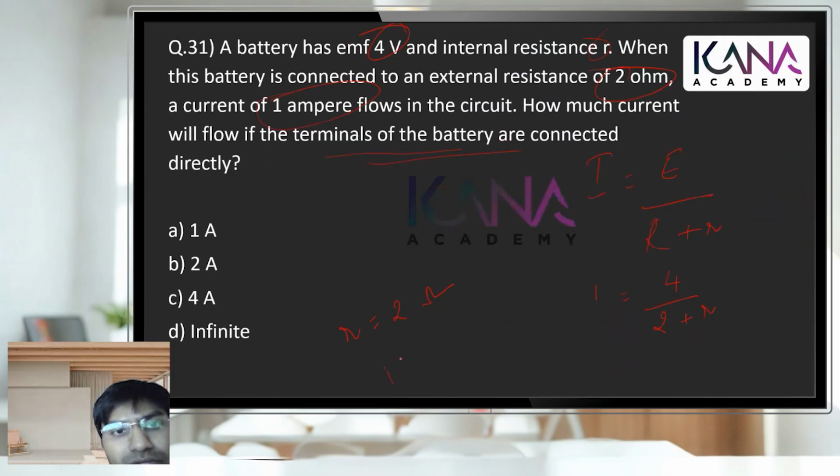If it is short circuited, the current will be E by r. So here E is nothing but 4 and we already found r is equal to 2 ohms, so it will be 2 amperes. So the key here is when the battery terminals are connected directly, this condition.